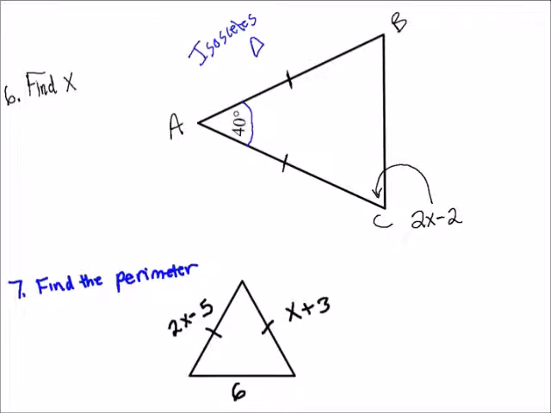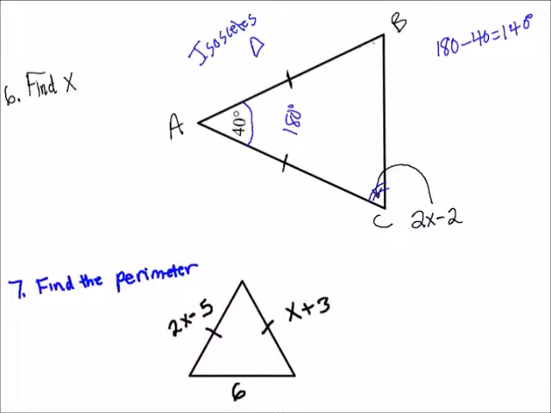If this is 40 degrees and every triangle has 180 degrees, then the other two angles together have to be 140. So it's 180 minus 40, which is 140 degrees.